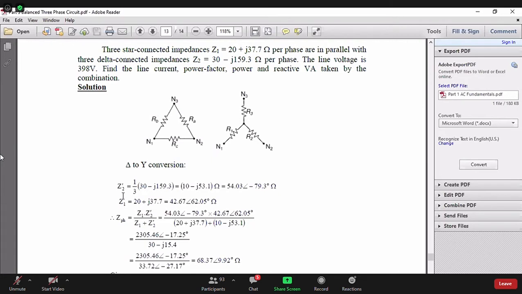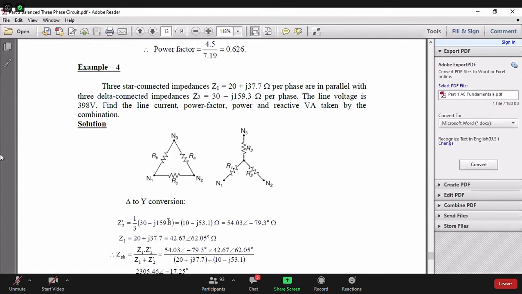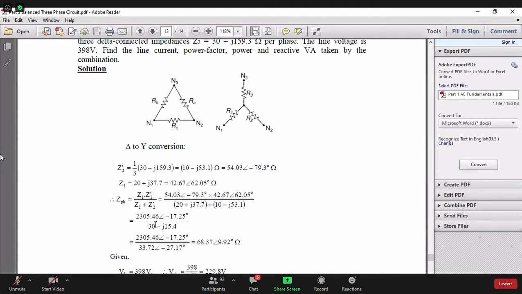So there will be Z2 prime, which is the equivalent of the Z per phase. Then Z1, as you can see, is given as 20. So Z1 and this Z2 prime, which is the delta converted to its equivalent, are in parallel. So we use this formula, Z1 into Z2 prime divided by Z1 plus Z2 prime, and that becomes the phase impedance.